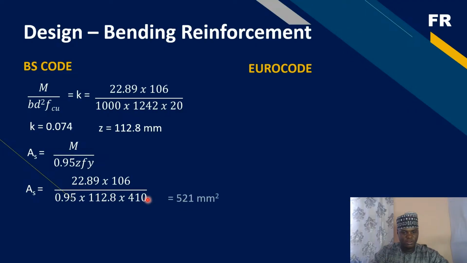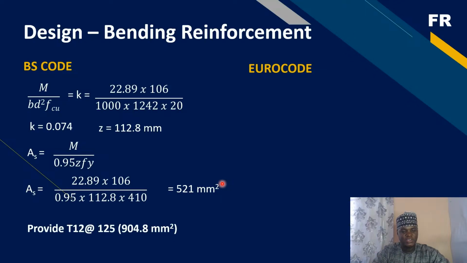At the end of the day, we have an area of 521 millimeters square. Based on this design, if you want to go with a thickness of 150, the reinforcement we are going to provide is T12 at 125. This is what will pass the deflection check.